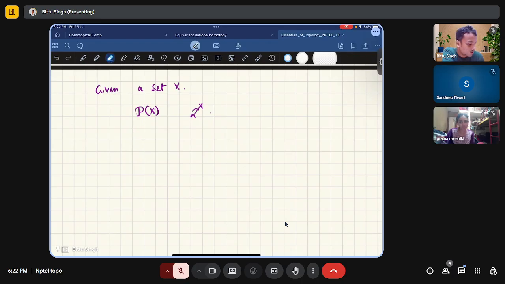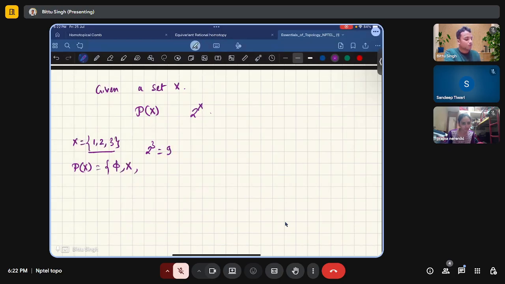For example, if there are 3 elements, the power set will look like the empty set, the whole set, and all those kinds of subsets. There will be 2 to the power 3 many choices.